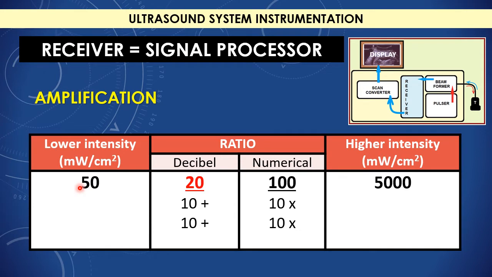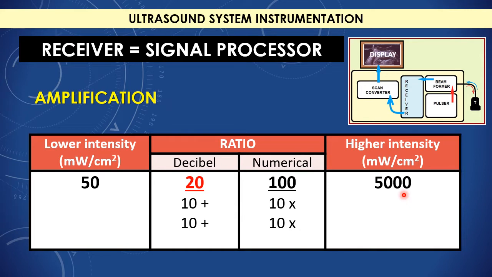Assume that the received echoes, or the received signals coming from the beamformer to the receiver, are at 50 milliwatt per centimeter squared intensity. And you put 20 decibel amplification by the amplifier, by the gain. What will be the value of the 50 milliwatt per centimeter squared? It will be 5,000.